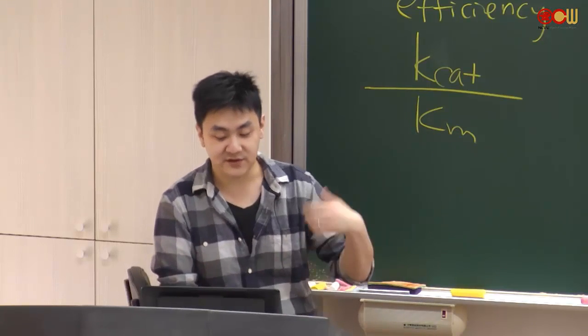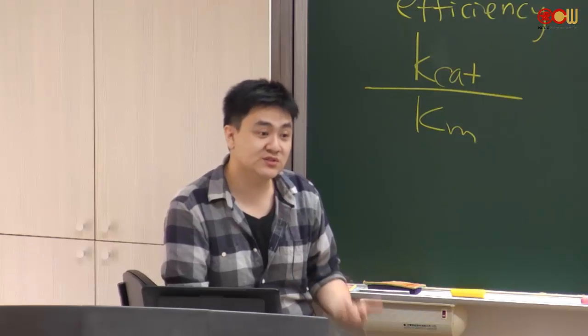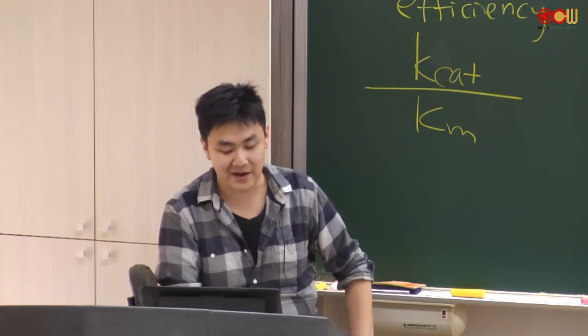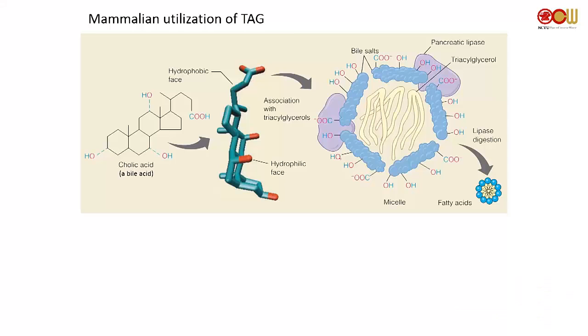Now, first thing first, bile salts, or a lot of times called bile acids. Why is it called acids? Because this is the acid group. Why is it called salt? Because a lot of times it will represent itself in a salt form. And bile salts or bile acids are very important because they have both hydrophobic and hydrophilic characteristics.